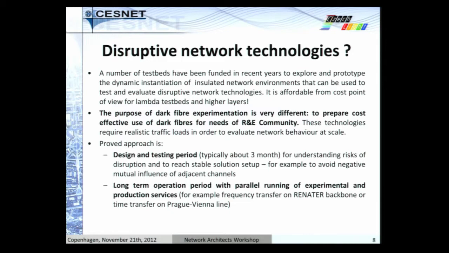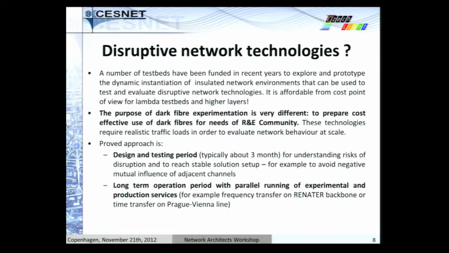It's affordable for lambda testbeds and higher levels, but the goal of dark fiber experimentation is to prepare cost-effective use of dark fibers for the research and education community, and this requires working with realistic traffic loads.